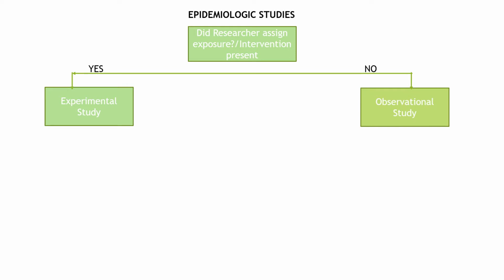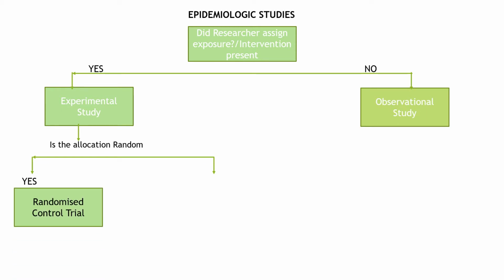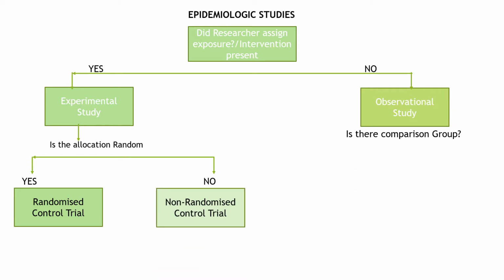If the answer is no, then it's an observational study. If in the experimental study, the allocation is random, then it is a randomized controlled trial. If it is not, then it is a non-randomized controlled trial.